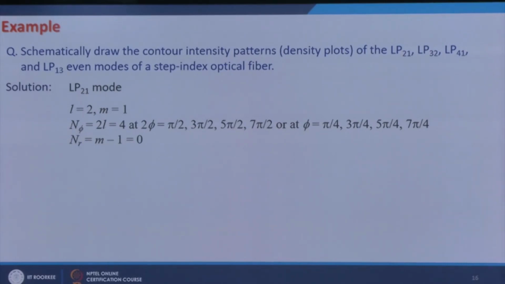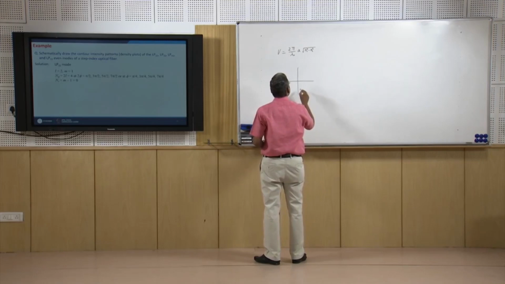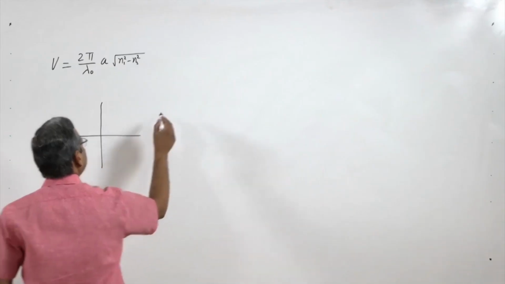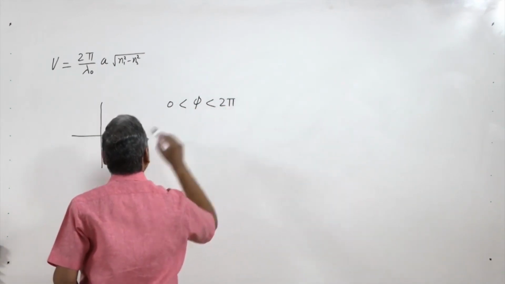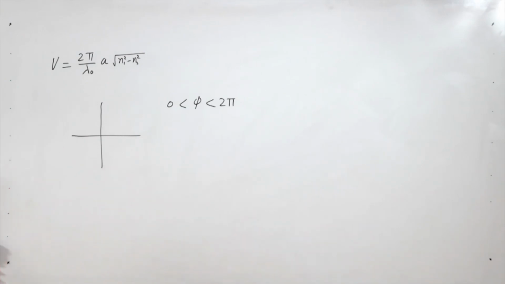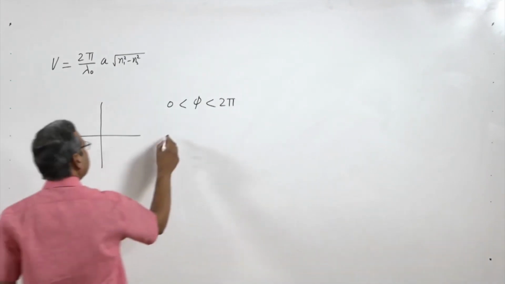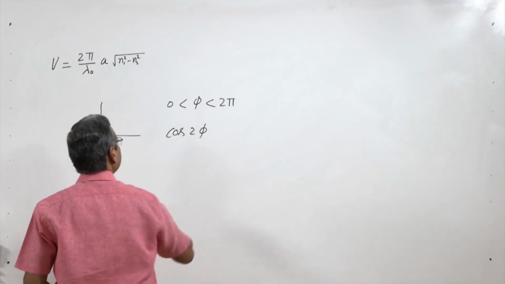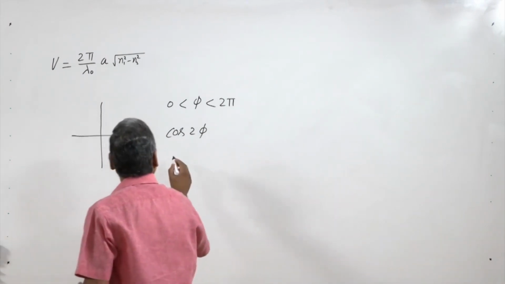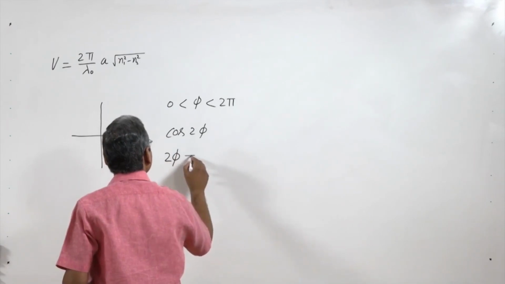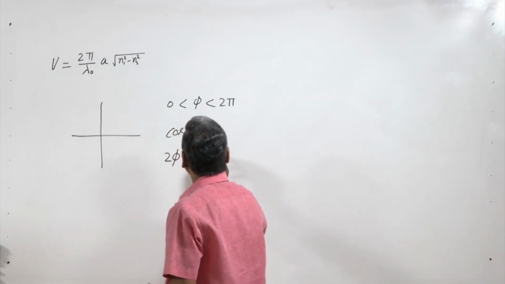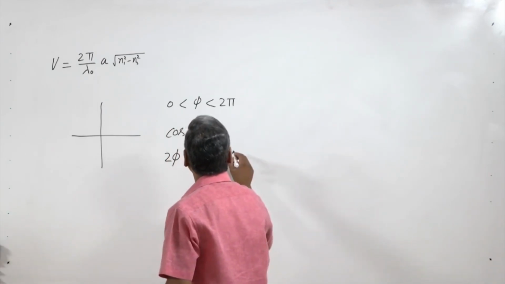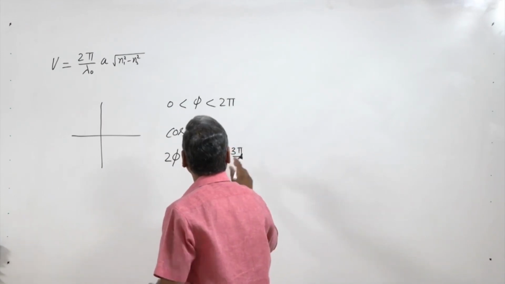I know that in phi direction, phi ranges from 0 to 2 pi. Now, you have a solution which has cosine 2 phi. So, you now find the zeros of this cosine 2 phi. They will occur at pi by 2, then 3 pi by 2, and where do you stop?